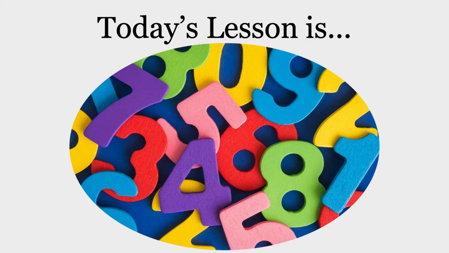So today's lesson is all about the Arabic numbers. They are slightly different from the numbers that we see in the English language. But a fun fact is because of these numbers, from the Arabic mathematicians of the past, we have our modern numbers today.